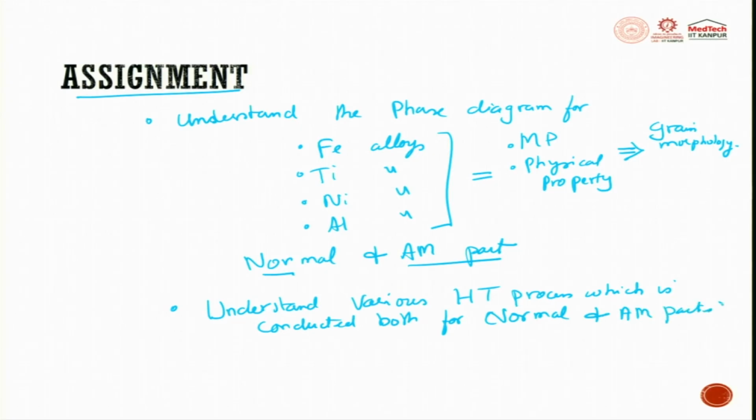For example, for normal you can say annealing, normalizing, aging, then you can also think of carburizing. All these things you write down, understand the process, and then you try to see in AM what all can be done such that their performance can be enhanced.